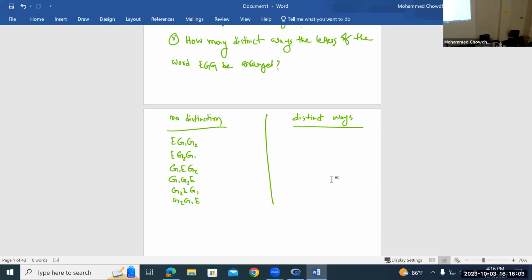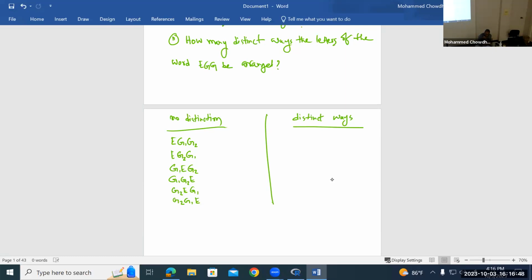So I said the first question, how many ways the letters of the word egg can be arranged? So this is the how many ways, right? How do you know both of these are separate? That is what I'm going to separate now. Here I put a label 1 and 2 so that you can distinguish, right?